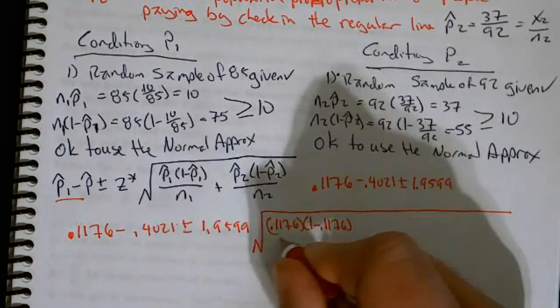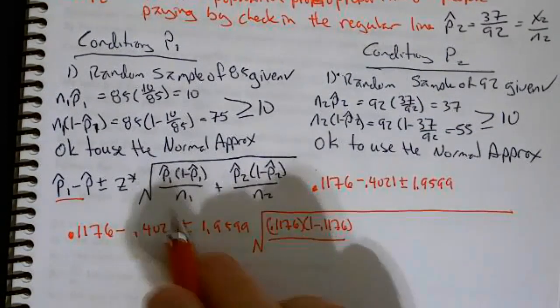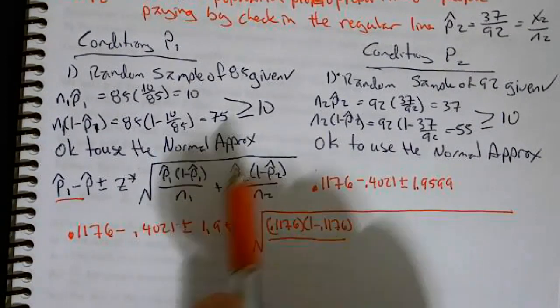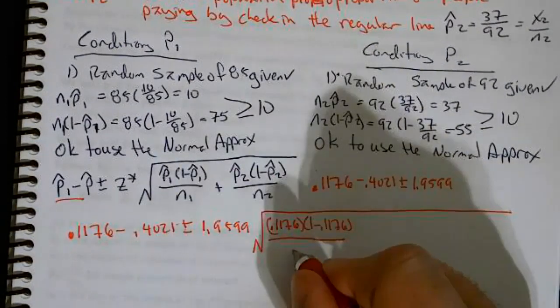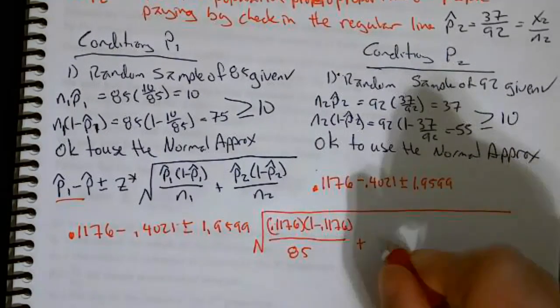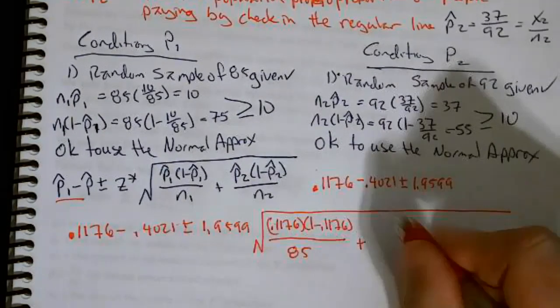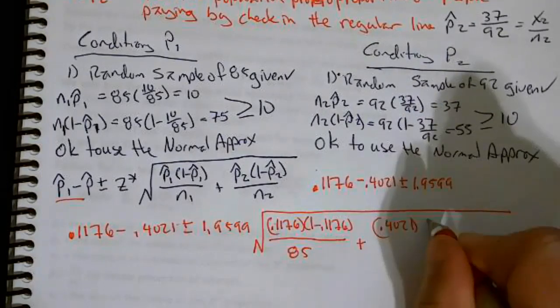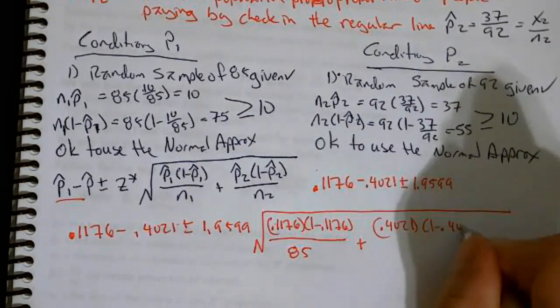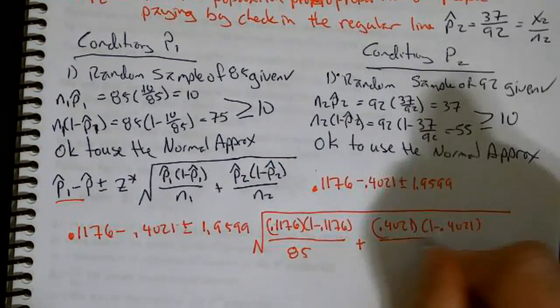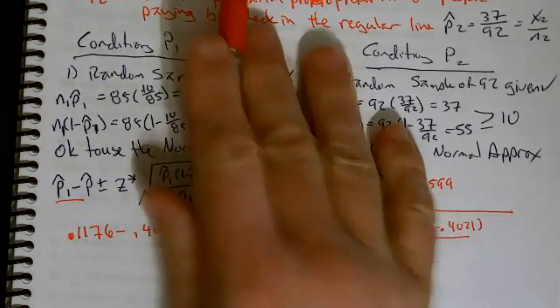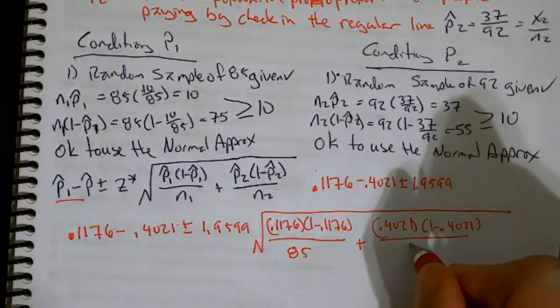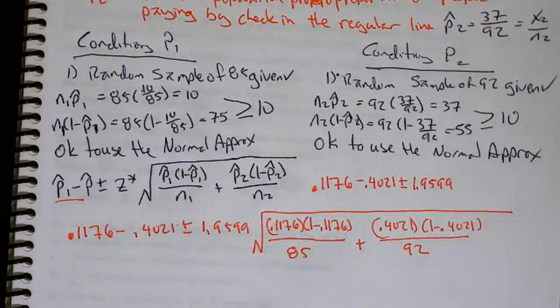And once again, if you want to use the fraction, that's okay. And then N1, we said was 85, plus 0.4021 times 1 minus 0.4021 over, in this case, 92. That's our N2.